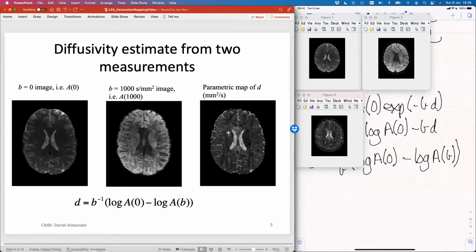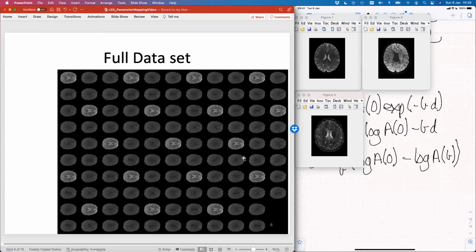And that's typical in diffusion MRI data sets, even if we're only trying to estimate the diffusivity, basically to give us better noise control and to remove this kind of noisy effect from the estimate of D. So let's have a better look at the whole data set now.